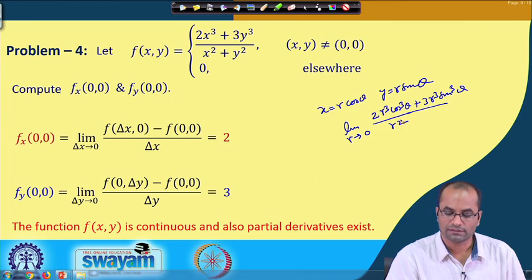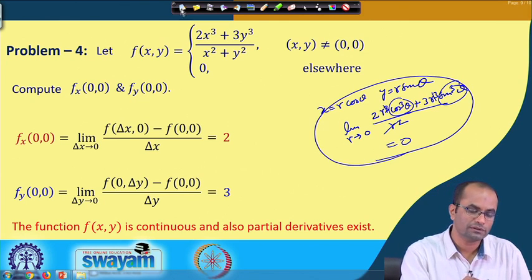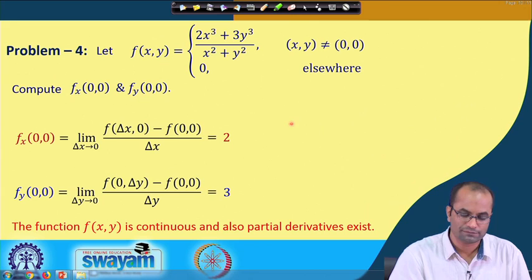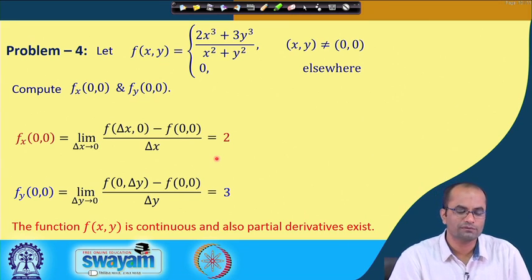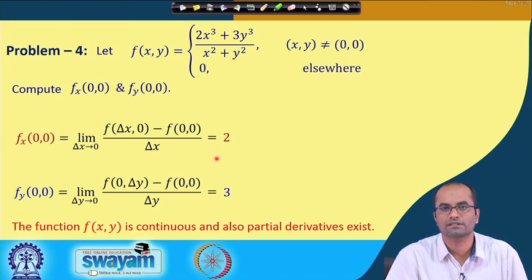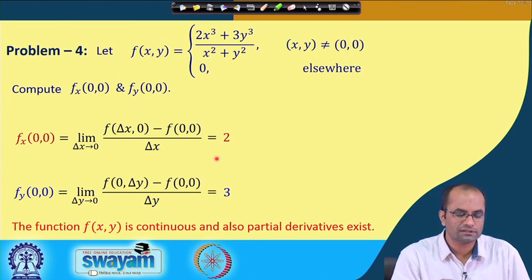In this case one r will survive in the numerator and the rest of the term is bounded. So, this will go to 0. So, the function is continuous and the partial derivatives exist. So, anything is possible. We have seen the example when the function was not continuous but partial derivatives exist, or the function was continuous but partial derivatives do not exist. In this case the function is also continuous and partial derivatives also exist.